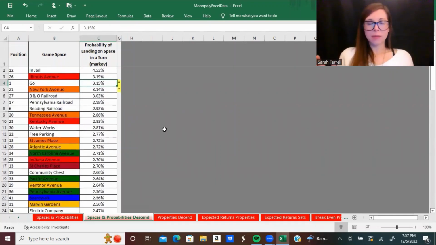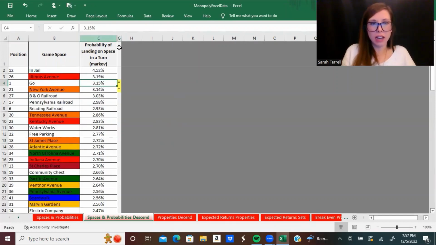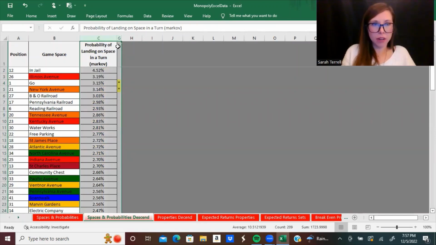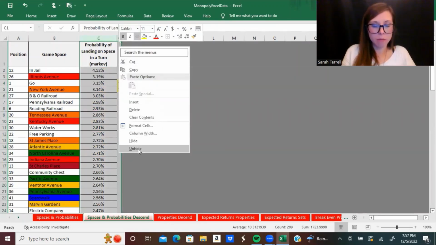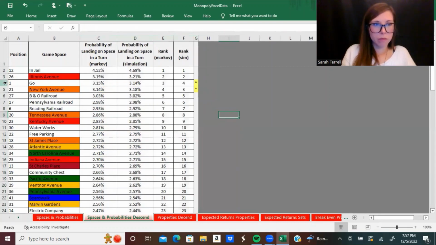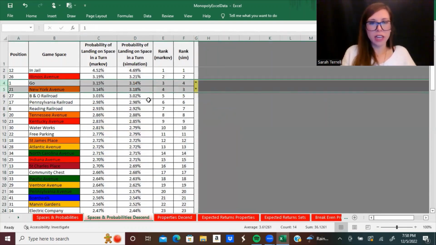So I think that the next most interesting thing to look at is probably just the properties, right? Looking at which properties are the most likely to be landed upon. But before we do that, I do want to discuss these few columns that I hid over here, just for clarification's sake. We do have a few differences between my Markov process and the computer simulation.